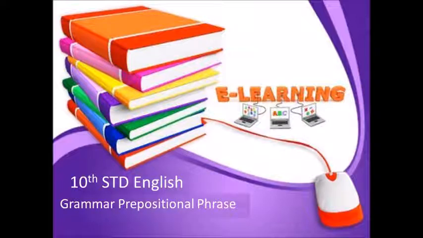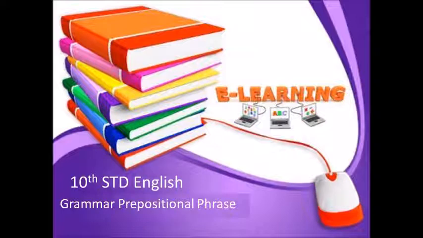Once again, I'll repeat. A prepositional phrase has two basic parts: one, the preposition, plus one or more nouns or pronouns that serve as the object of the preposition. A preposition is a word that shows how a noun or a pronoun is related to another word in a sentence.